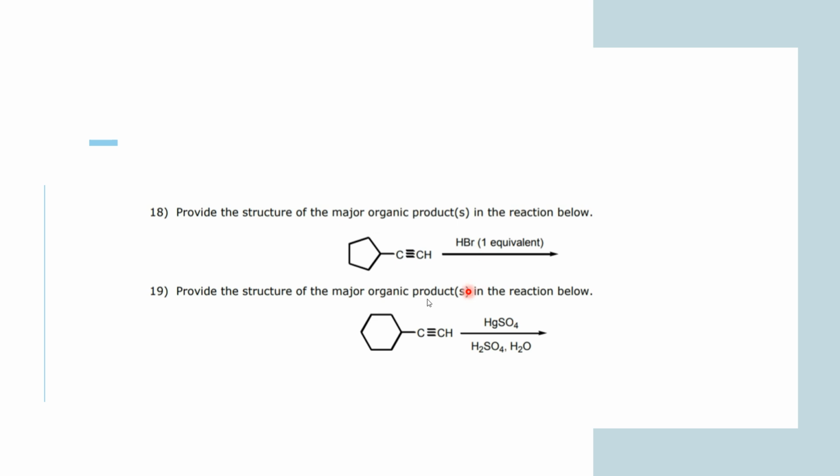You have this terminal alkyne and HBr in the system. So this alkyne, this carbon carbon triple bond carrying two pi bonds, is electron rich, so it will attack on a proton from the acidic medium, leading to the formation of a carbocation.